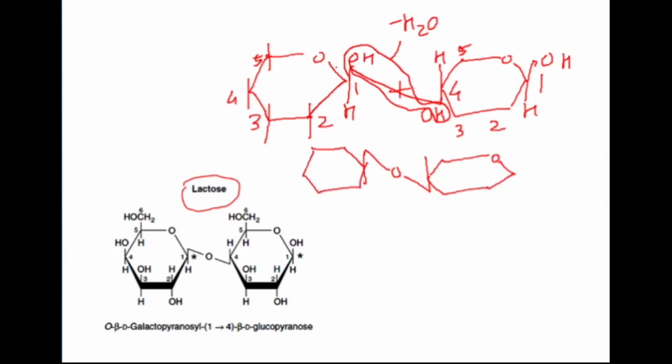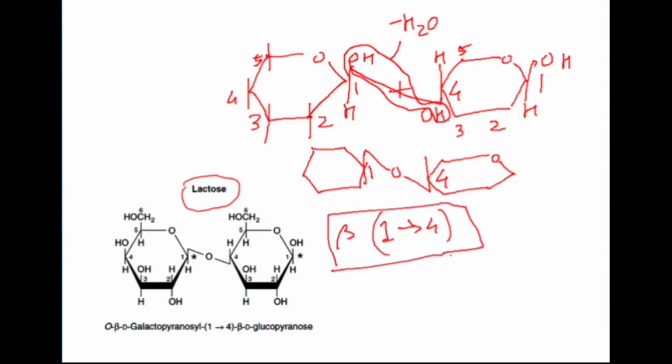So as this bond is formed between the first carbon of one sugar molecule with the fourth carbon of the next, adjacent sugar molecule, that is why this linkage is called 1,4 glycosidic linkage. And as these molecules were in beta form, the linkage started from a beta form of sugar. So that is why we call it beta 1,4 glycosidic linkage.